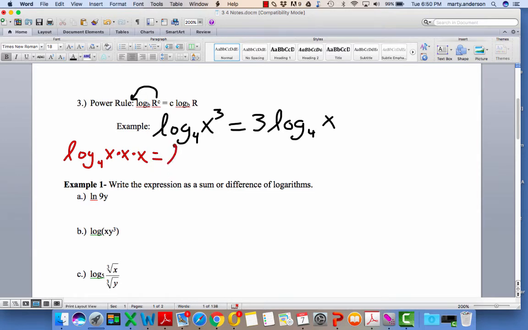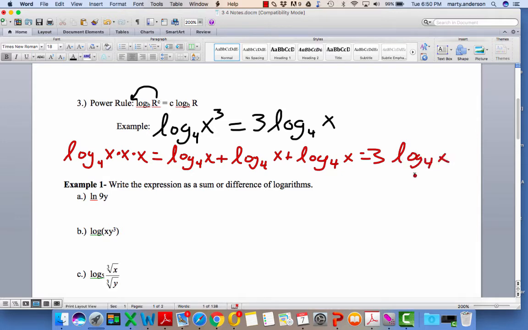Product rule says the log of things with the same base will turn into addition. And here we go: we got 1, we got 2, we got 3, and that's where our 3 log base 4 of x comes from. So really the power rule is just the product rule in disguise.